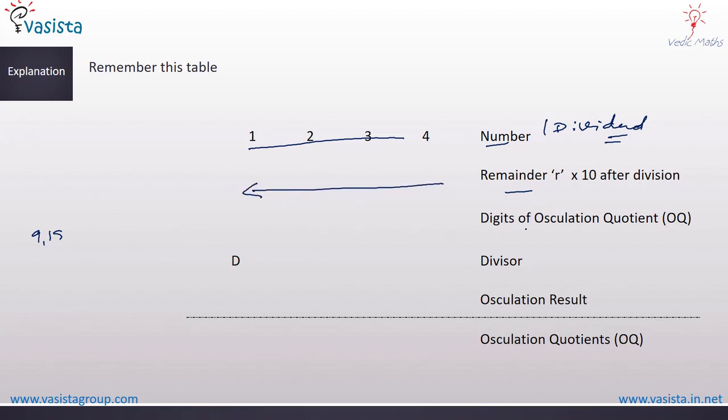Then the digit of the oscillation quotient, whatever quotient you get, is placed here. Then you add this and this to get the oscillation result, placed here. Let me explain with an example so that you can clearly understand the working.